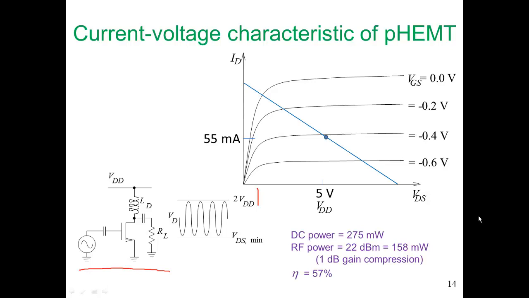Now we can compare that to the maximum efficiency of a Class A amplifier, which we get using some approximations as being 50%. But that is the efficiency obtained when there's no distortion. We can get a little bit more efficiency if we're prepared to put up with distortion.